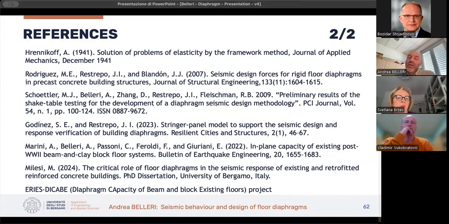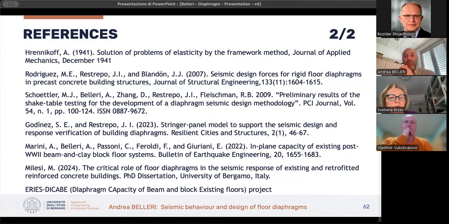In that case, we modeled with a homogeneous, equivalent concrete damage plasticity model to capture the shear capacity of these blocks. And that was also good to define and visualize these arches and these mechanisms.